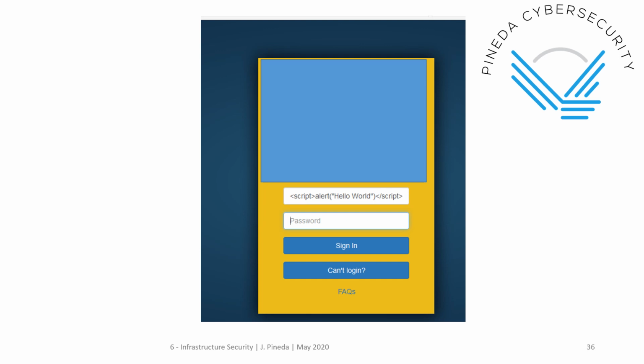So this is an example of a cross-site scripting attack, right? If I click sign in, the firewall will by default allow this type of traffic because it passes through an allowed port number. However, if you have an IDS, it will have a list of rules.